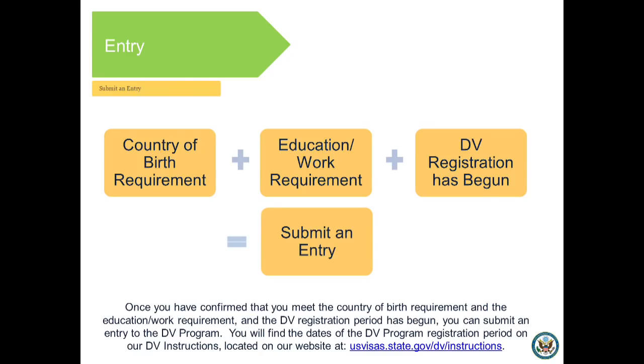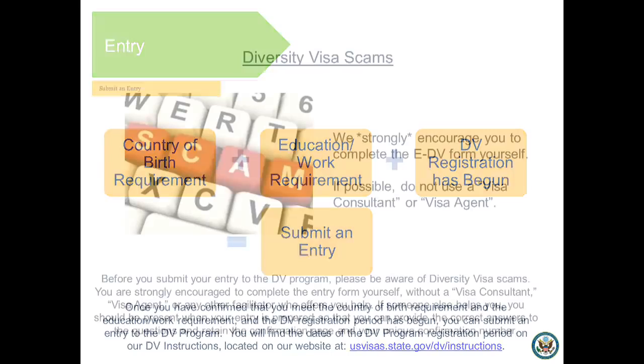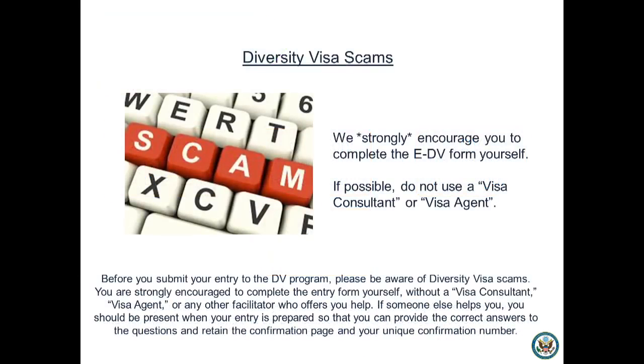You will find the dates of the DV program registration period on our DV instructions, located on our website at usvisas.state.gov/DV/instructions. Diversity visa scams. Before you submit your entry to the DV program, please be aware of diversity visa scams.